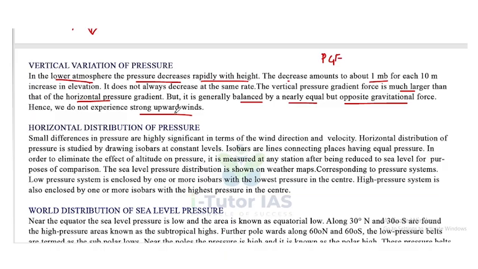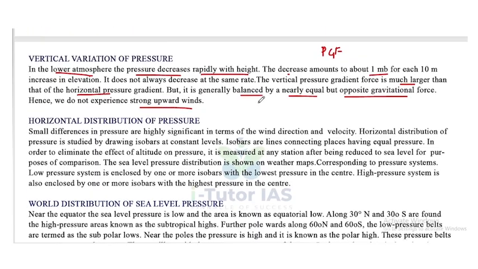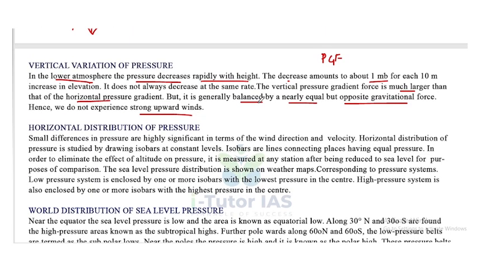That is the vertical variation of pressure. So there is a pressure gradient force, but there is also an equal and opposite gravitational force, so we do not feel the force that strongly. That is why we do not experience strong upward winds.